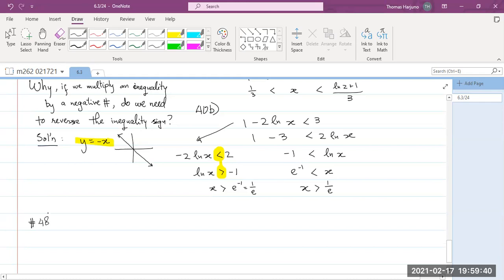Limit as x goes to 2 from the left-hand side of log base 5 of 8x minus x to the 4th. How to do this problem?